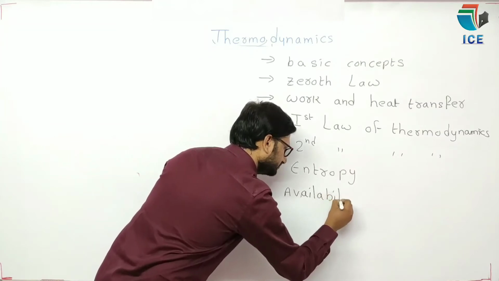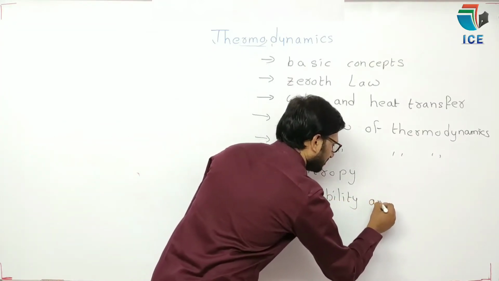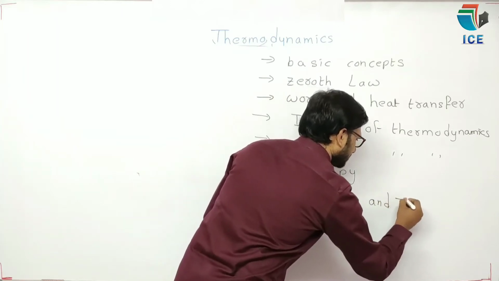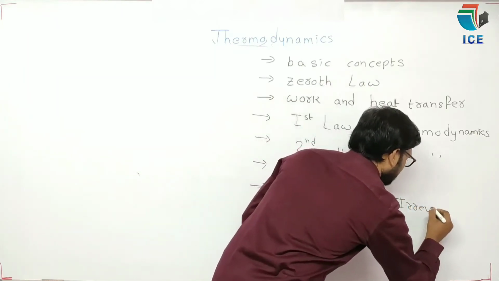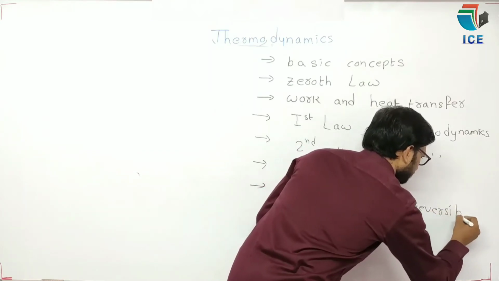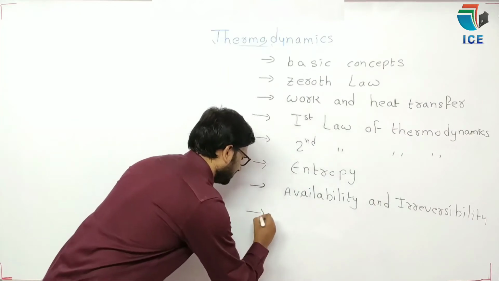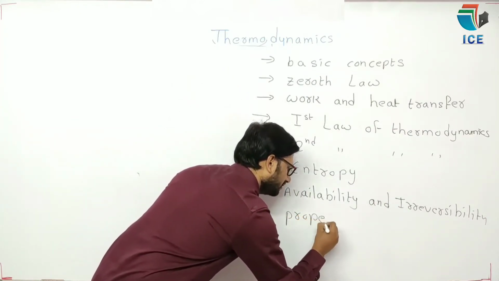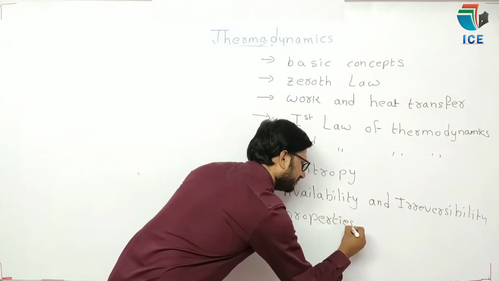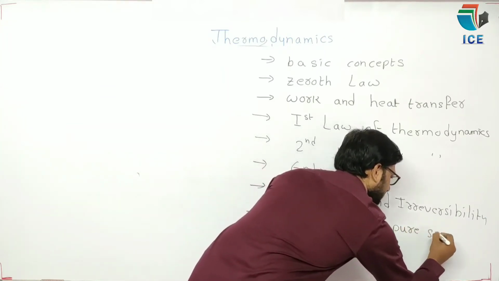Next, availability and irreversibilities. Next, properties of pure substances.